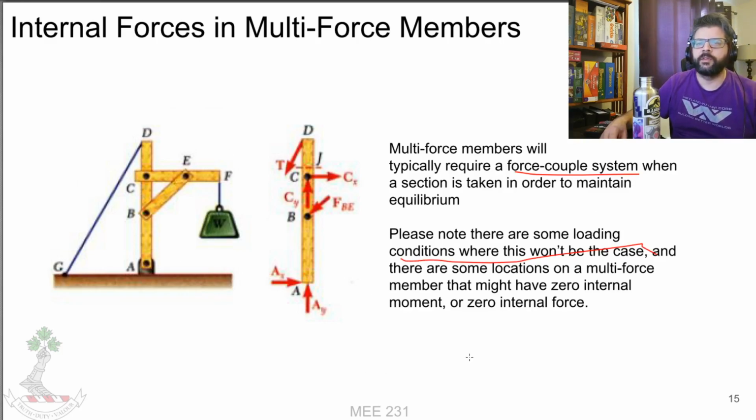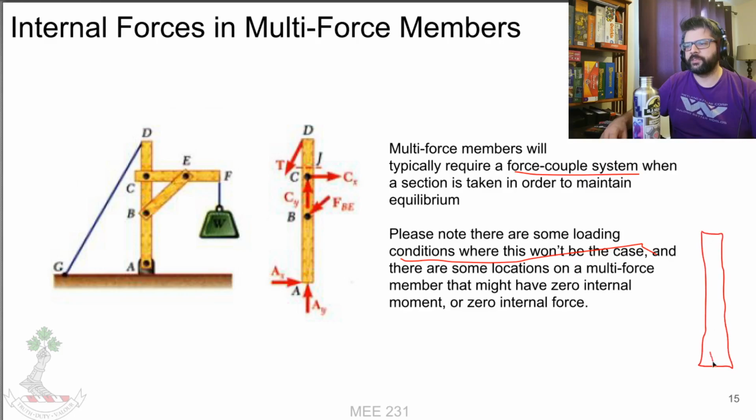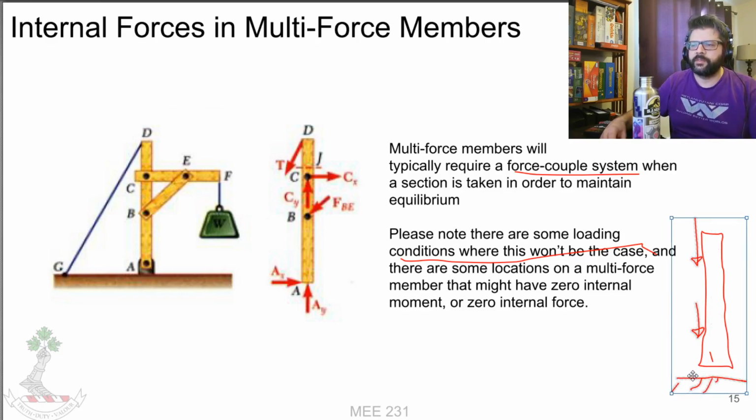If we have a multi-force member that looks like this, supported here, with a weight applied here and a weight applied here, it's not a two-force member anymore, right? It's got three forces applied to it. And it's not pinned at the end, so it doesn't have the freedom to rotate that a two-force member has.